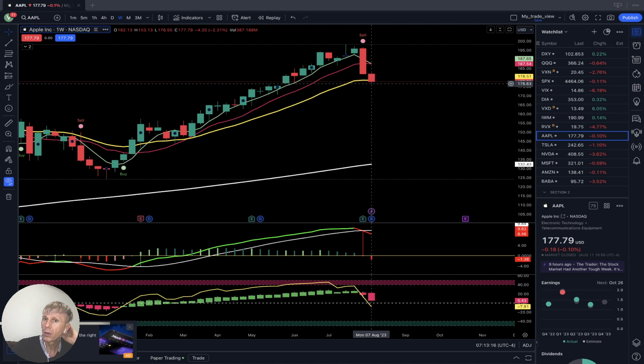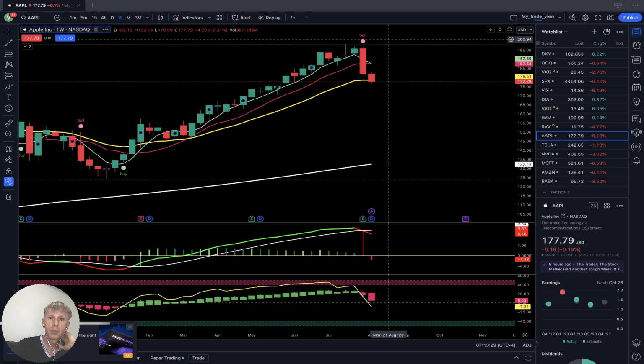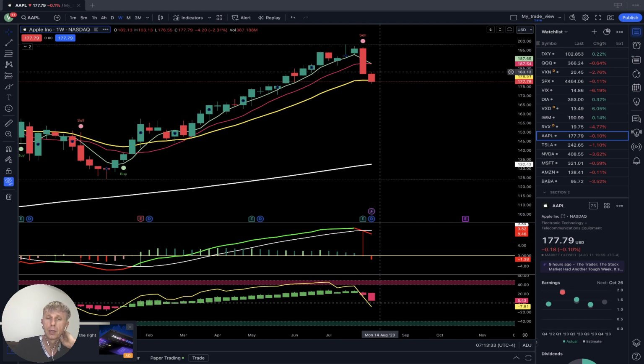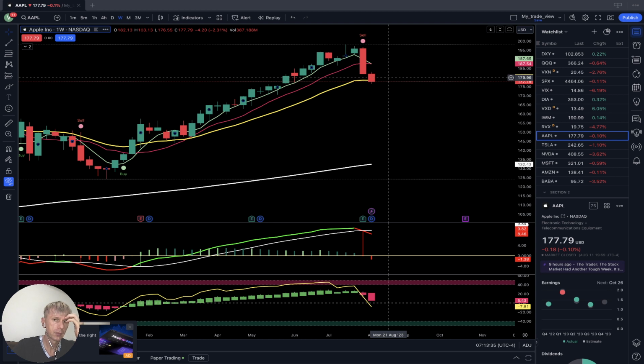It touched 176, right? 176. $25 move. Yeah, that $20 move, it's a 10%, definitely 10% correction from the top. Apple did already 10% correction, right?